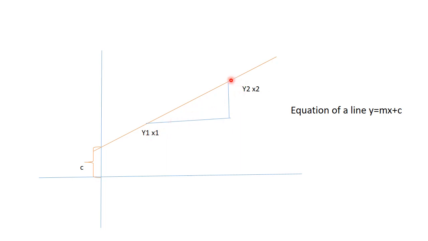So y2 is the value which is given here and y1 is the corresponding value, x2 is the value coming here and x1 is the value coming here. So (y2 minus y1) divided by (x2 minus x1) is the gradient or slope.